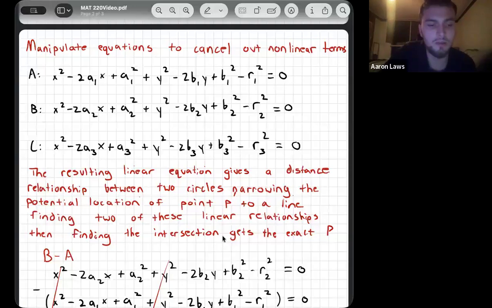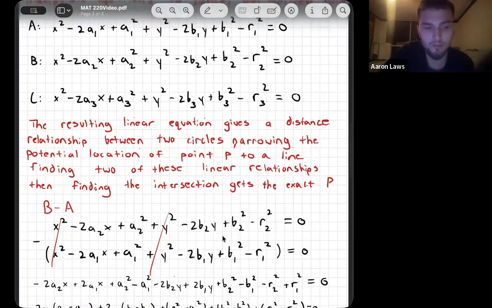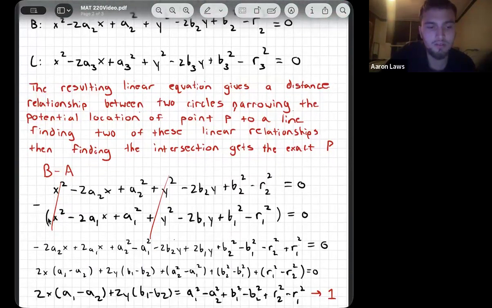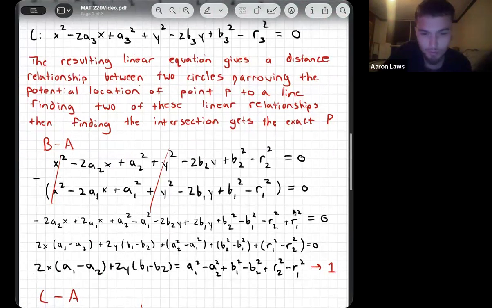In my case, I did the circle B minus circle A equation, and you can see all the steps here. The nonlinear terms x squared and y squared cancel out, and we're left with this big old jumble mess, which simplifies down to this equation here at the bottom, labeled 1.